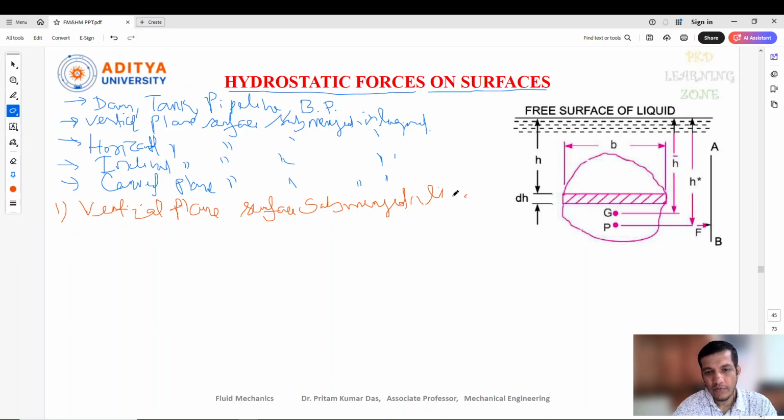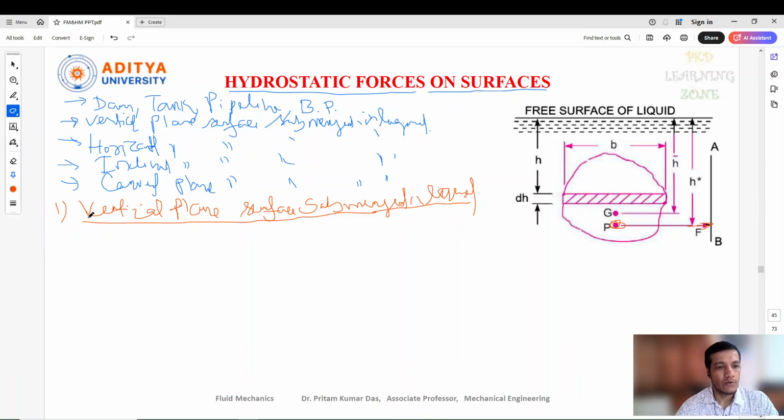Here we are going to calculate the total pressure, that is, the force F exerted, and the center of pressure, H star. That means we need to identify the position of the center of pressure from the free surface. So we are going to calculate two things.